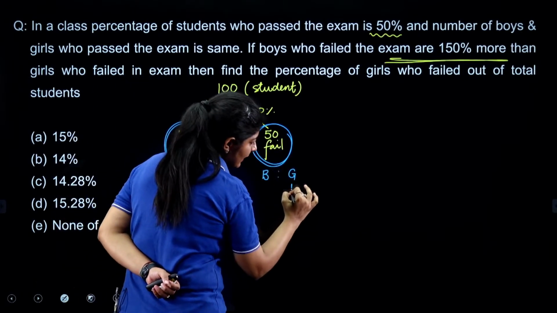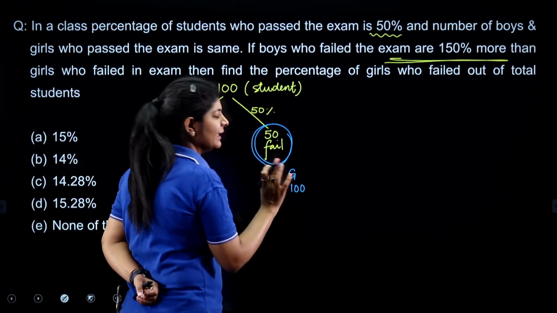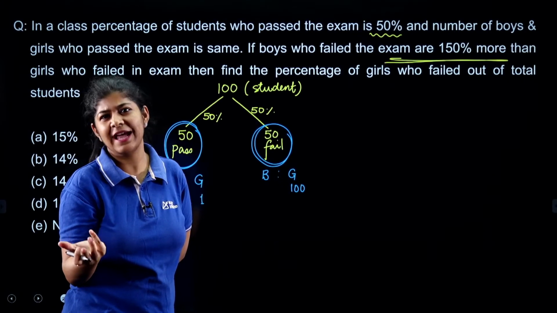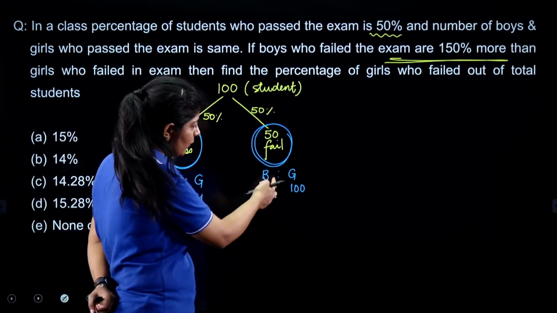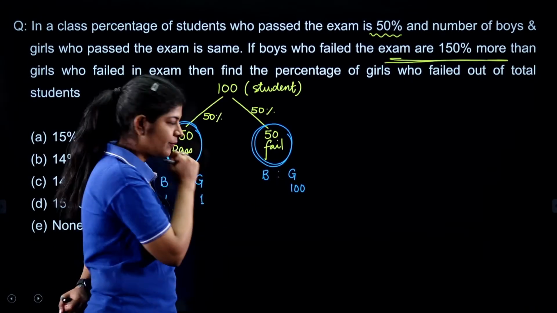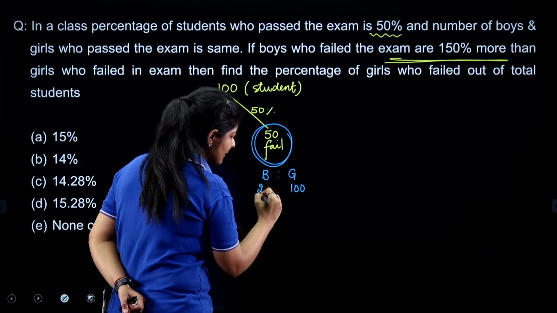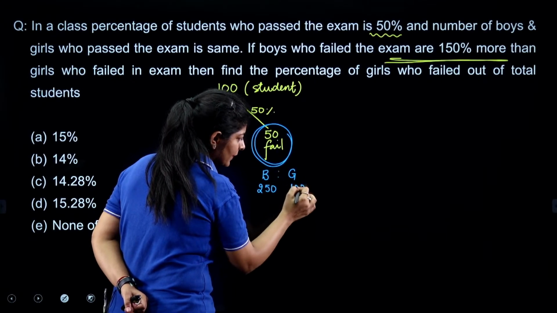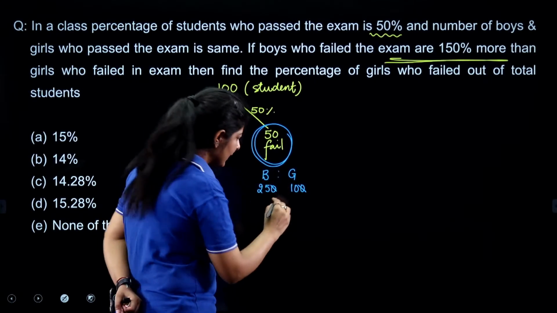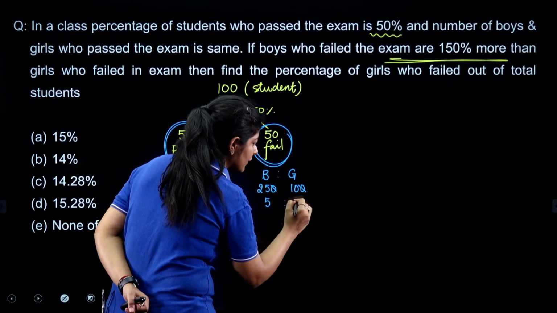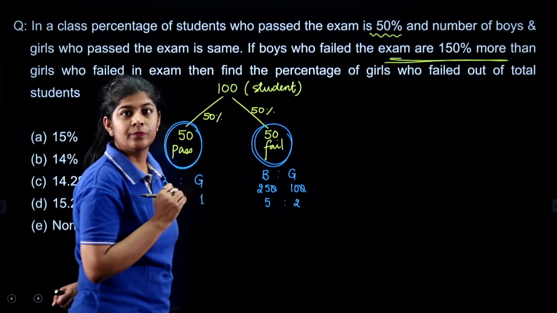So I'm assuming that the number of girls who failed is 100, as we can assume any value, as we are only going to write down the ratio. So this is 250, 10 and 10 cancel out. Here the ratio that we got is 5:2, right?